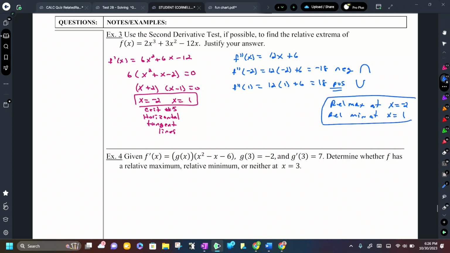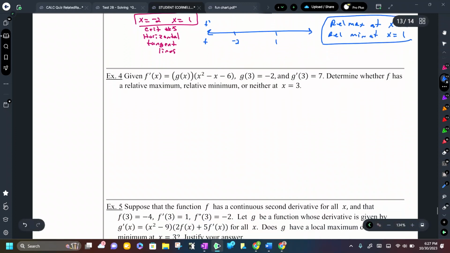And we can build our sign chart like we've done before using our critical values, negative 2 and 0. We know we've got f prime and f, and you can build that from the notes just to save some time.